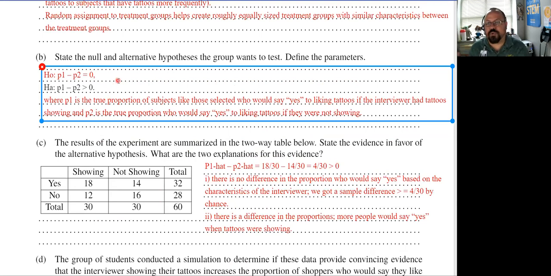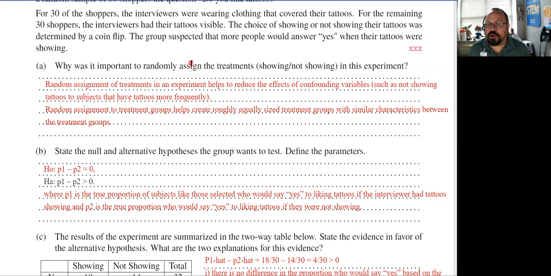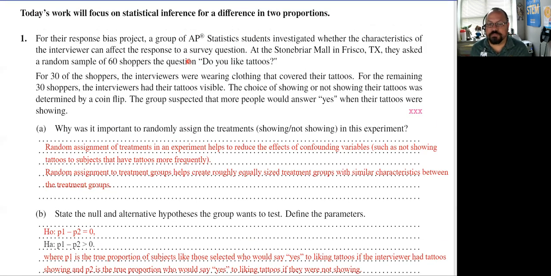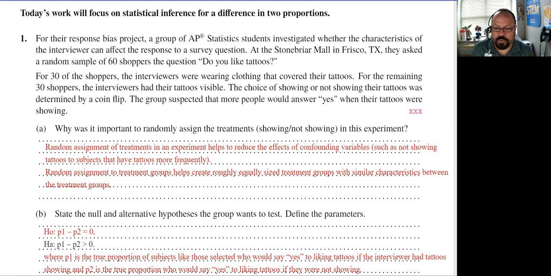Significance testing, if we're working with two proportions, then we need to make sure we're talking about the two proportions. We need to make sure we define the variables. And we need to remember our experimentation techniques and the importance of what we have to do. Okay? So good luck to you as you work through this.